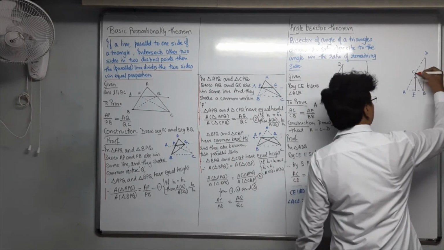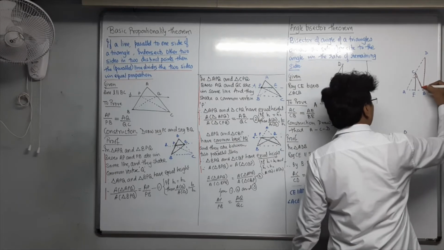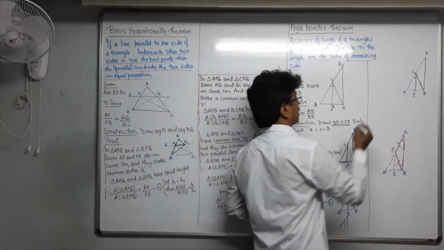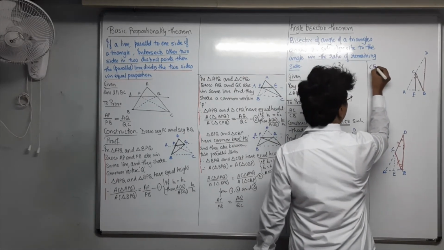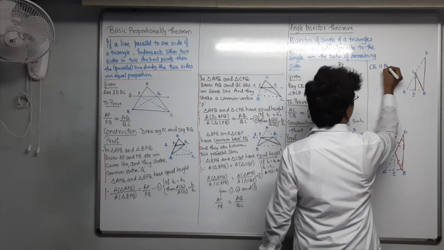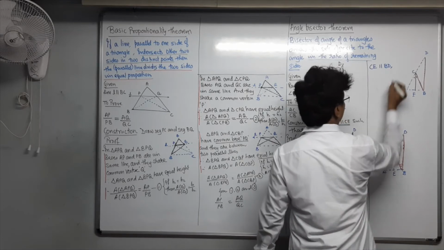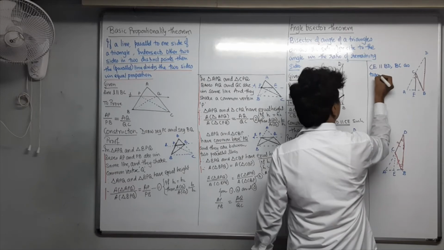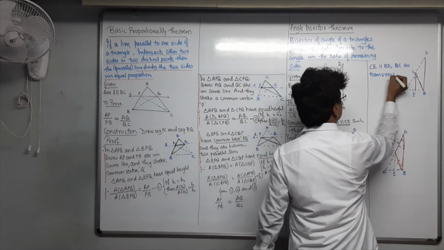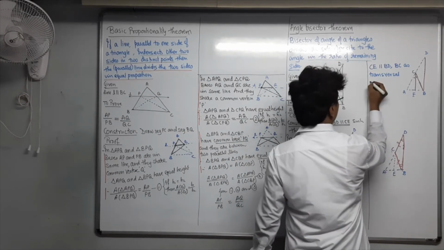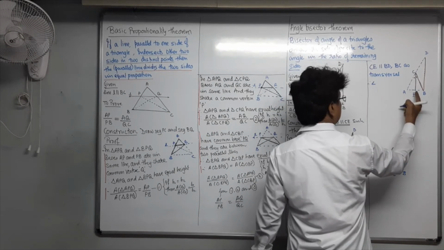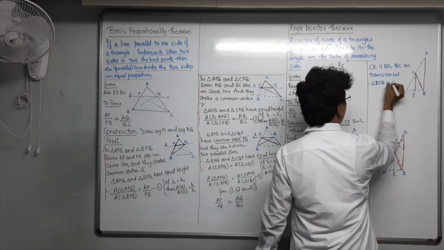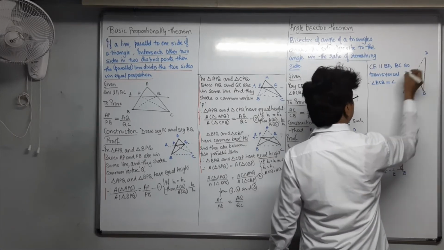So I will take transversal CB because a Z is needed to be formed. CB. Are you getting, my dear students? Here now I will say CE parallel to BD. And what is the transversal? BC as transversal. So what is there? Therefore angle ECB is equal to angle CBD.